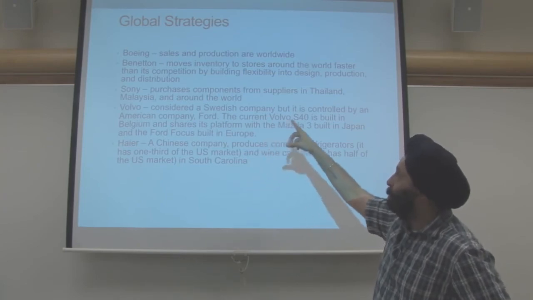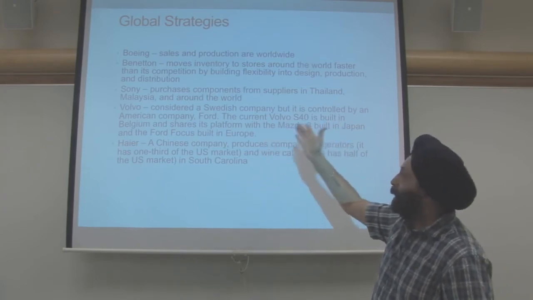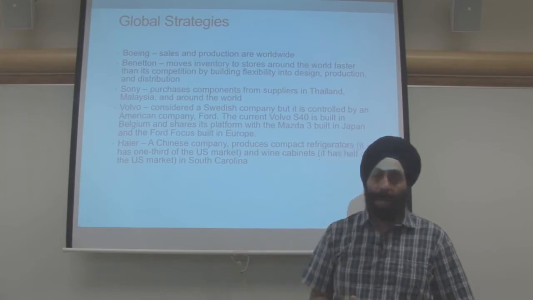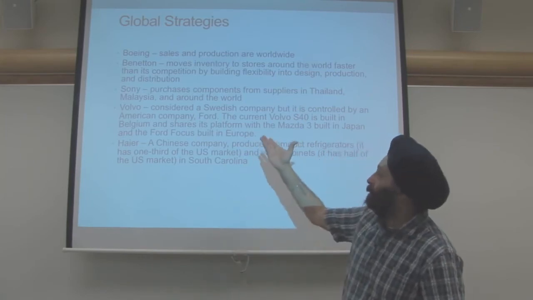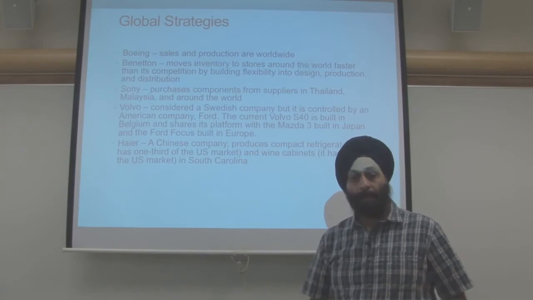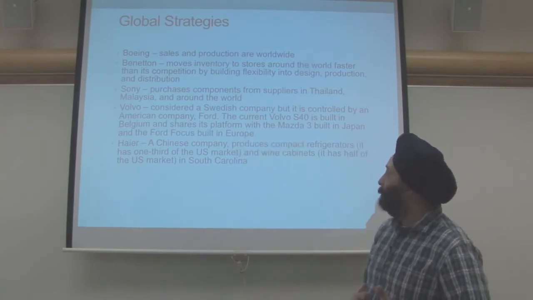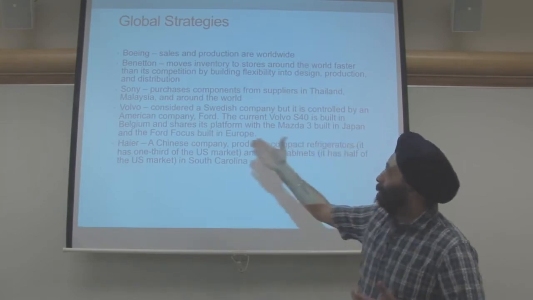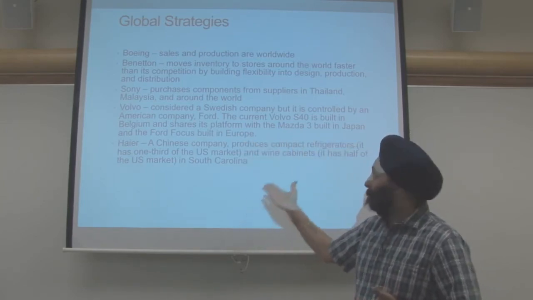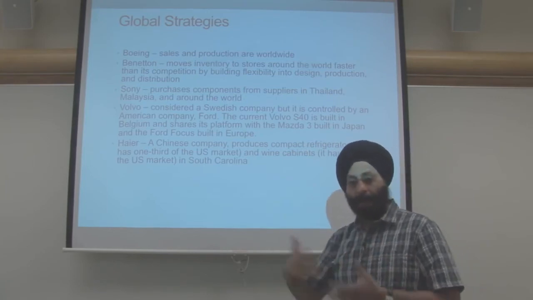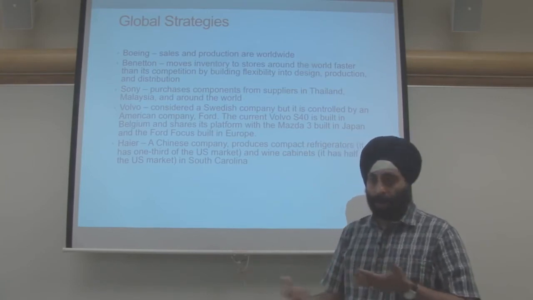Sony purchases components from suppliers in Thailand, Malaysia, and around the world, even though it's a company that is headquartered in Japan. And then sales typically, among other places, is in the United States. Volvo, even though it's considered a Swedish company, it was controlled by the American company Ford. I think it's probably been sold back to Sweden in recent years.